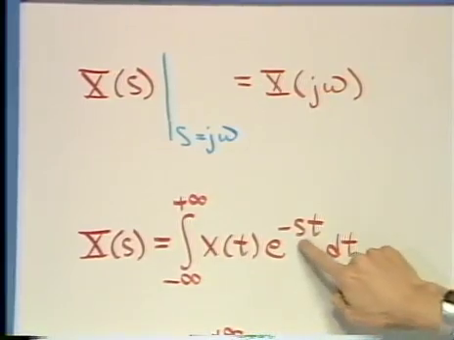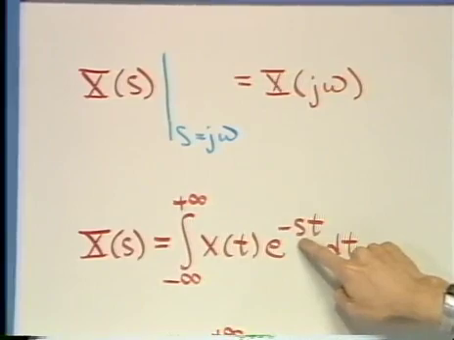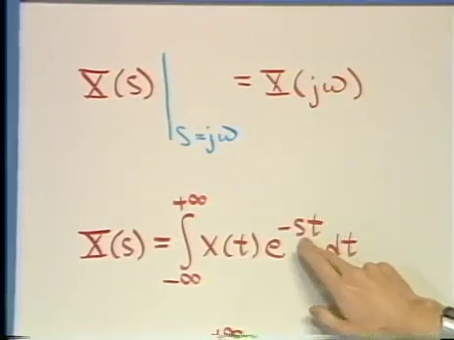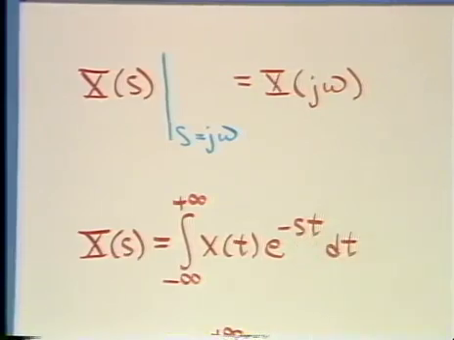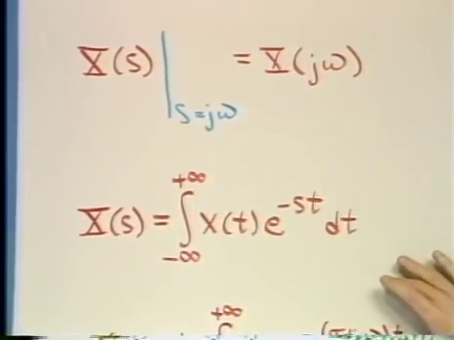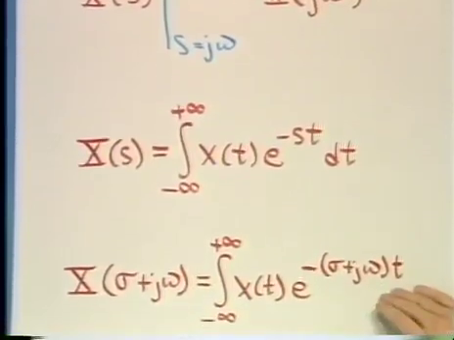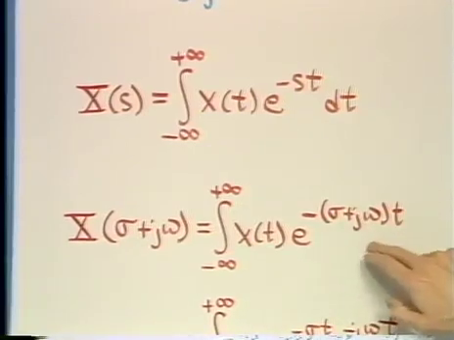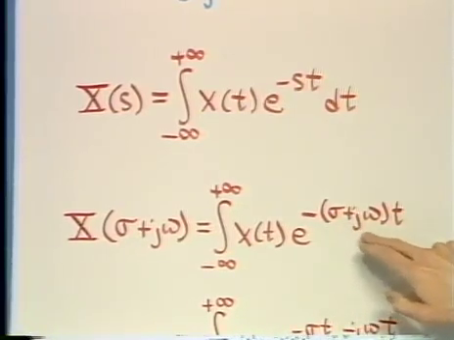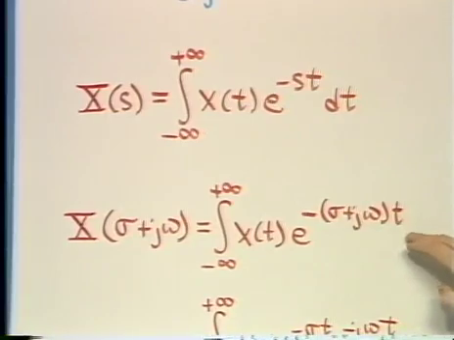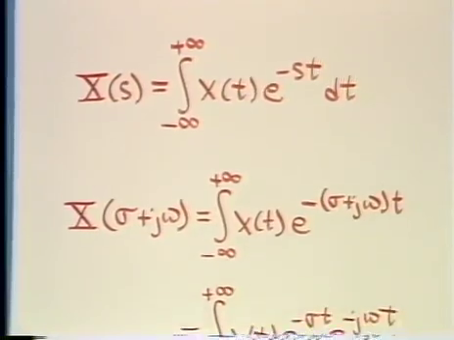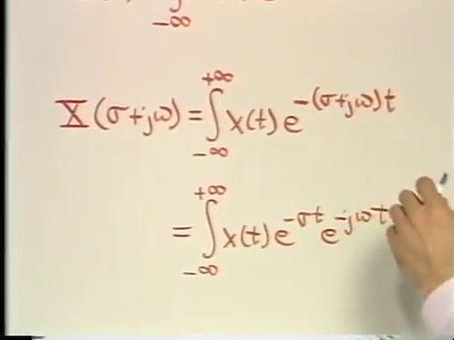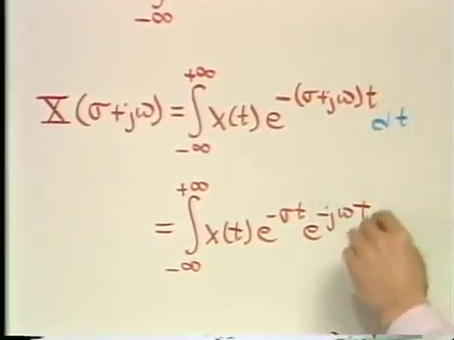And if we substitute in s equals sigma plus j omega, which is the general form for this complex variable s, and we carry through some of the algebra, breaking this into the product of two exponentials, e to the minus sigma t times e to the minus j omega t, we now have this expression where, of course, in both of these there is a dt.